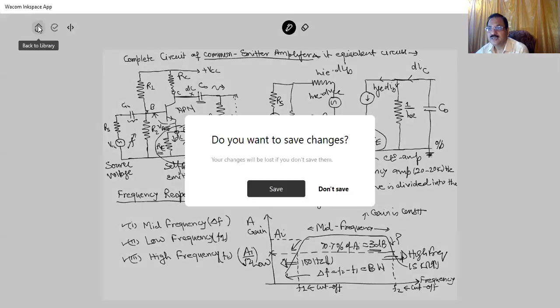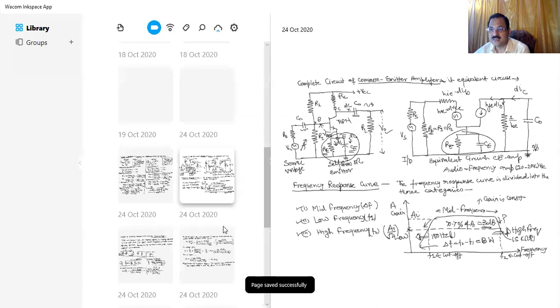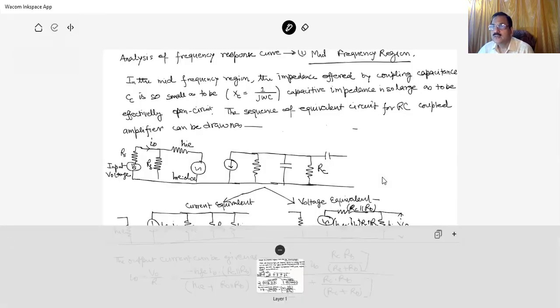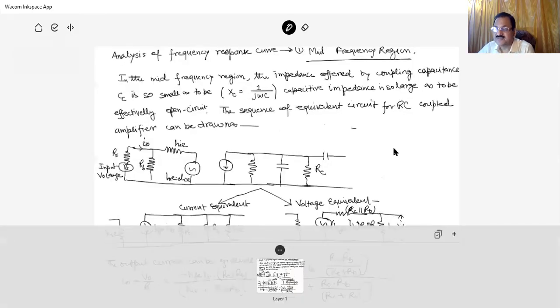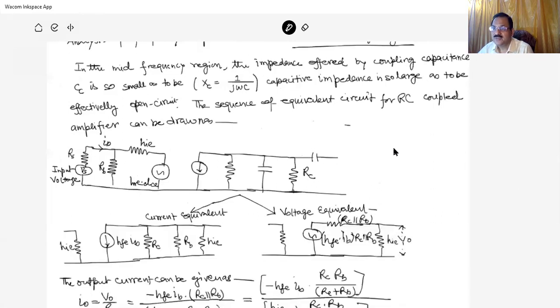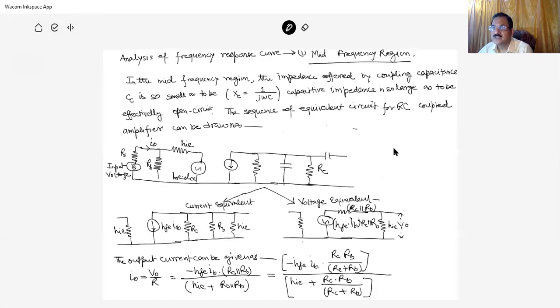Let us see the next part. First we have to discuss the analysis of the frequency response curve, and we take first the mid frequency region.